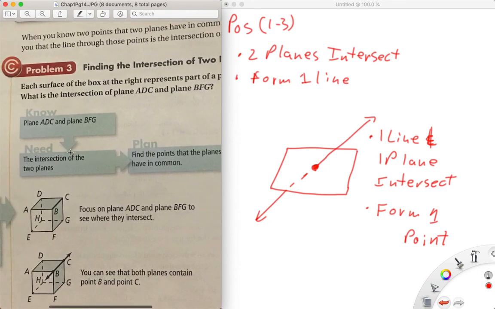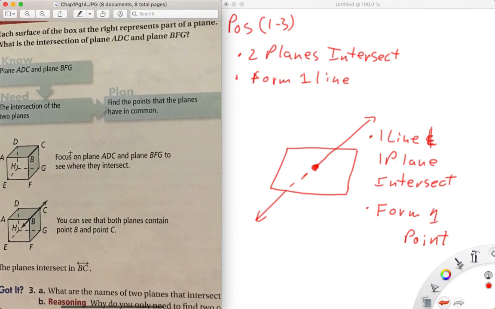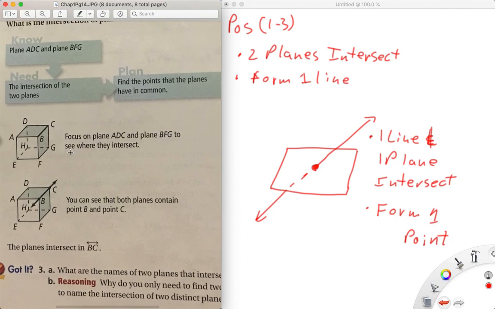And it says for each surface on the box, they want you to find the intersection between ADC and BFG. So plane ADC would be this plane here on top, the top of the box, the top of the cube. Plane BFG would be the right side of the cube.